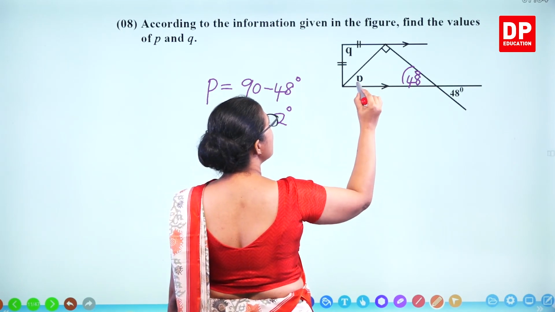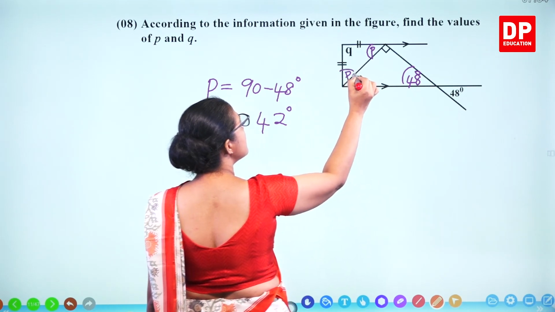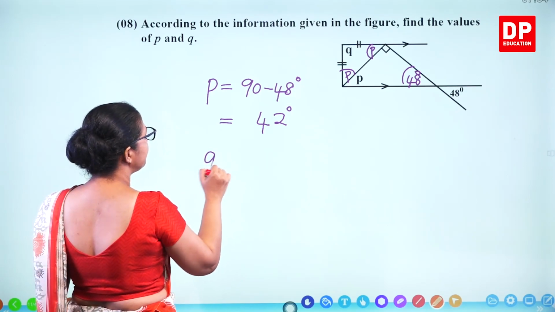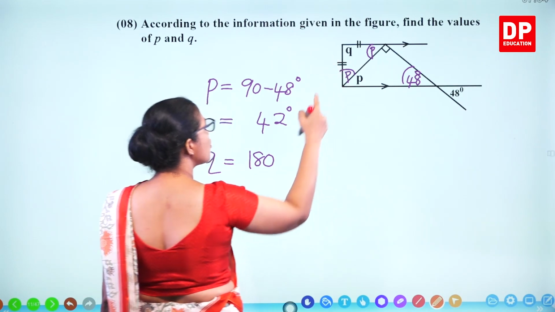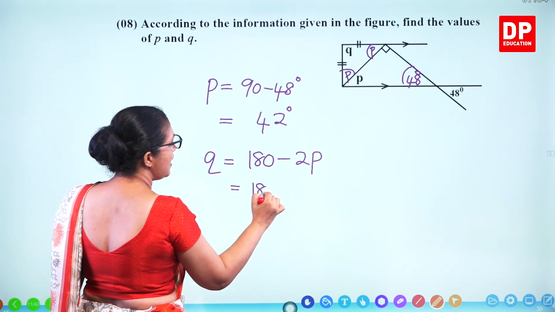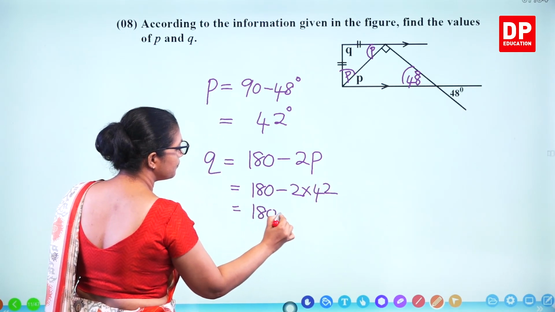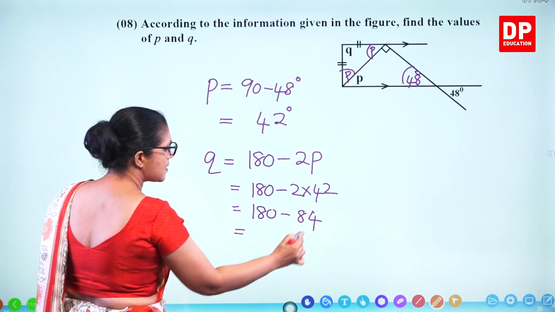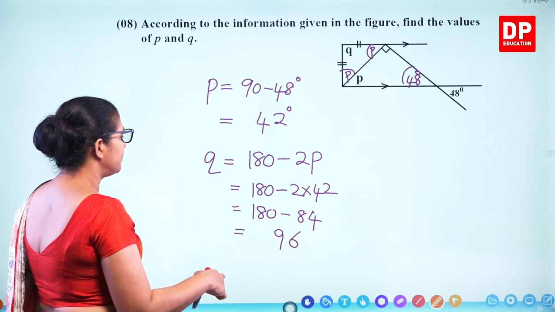Now, look carefully. These two lines are parallel. If this is P, and this is an isosceles triangle, this is P. So you can find out Q angle using 180, the sum of angles in a triangle, minus 2P. 180 minus 2 times 42. 84, subtract 96.